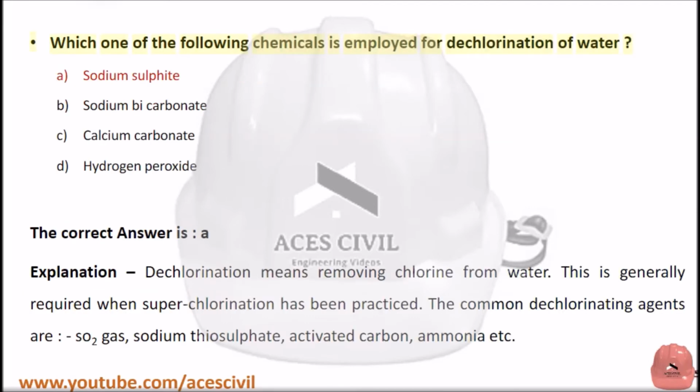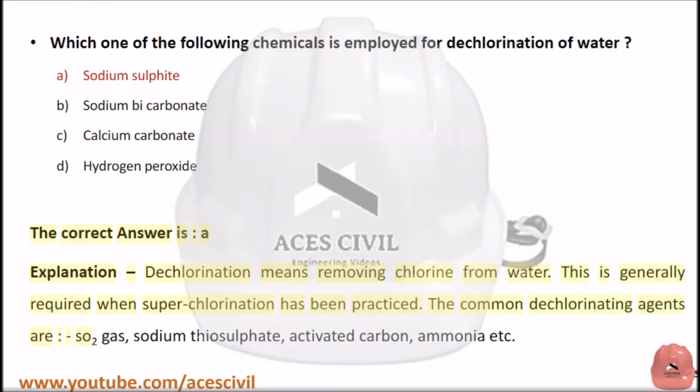Which one of the following chemicals is employed for dechlorination of water? A. Sodium sulfite. B. Sodium bicarbonate. C. Calcium carbonate. D. Hydrogen peroxide. The correct answer is A. Explanation.